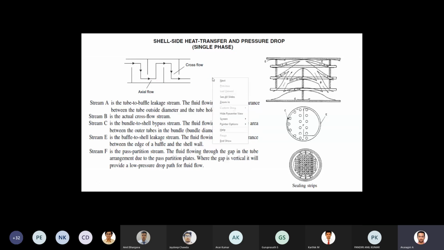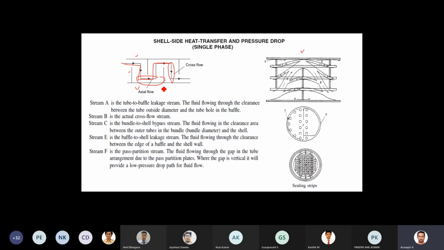So the ideal flow will be like this on the shell side. You have a baffle, this is the shell wall, so the shell side fluid flows like this. This is the idealized condition: here you have axial flow, here you have cross flow. But practically this would not be the case. We don't have the flow like this.